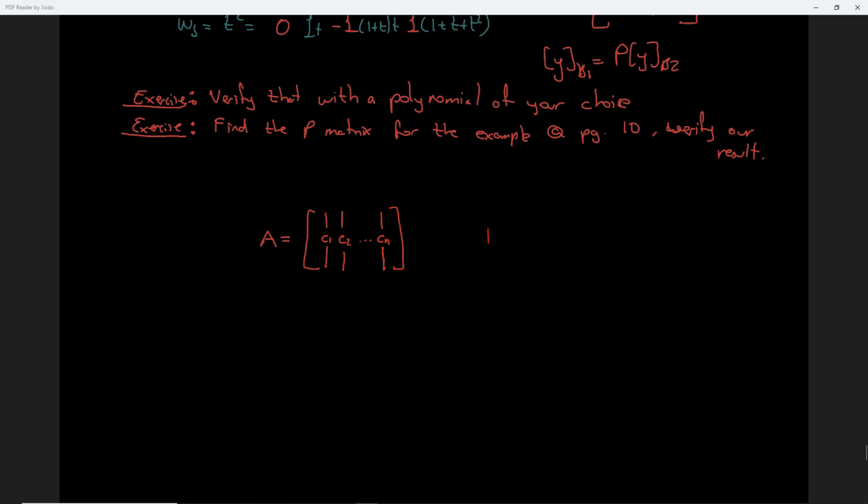And if I have, let's say, a beta vector, which is an n by 1 vector, with b1, b2, and bn coefficients over here.